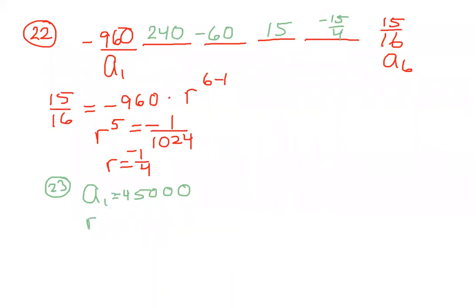And what does R equal? What do we have to multiply this by? If it goes down 18%, then we'll take this and multiply it by 0.82. 100 minus 18, and you get 82. And N is how many years?